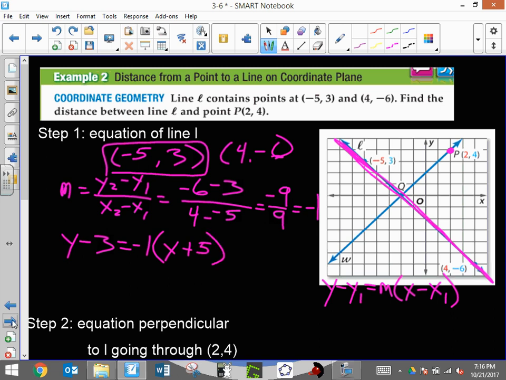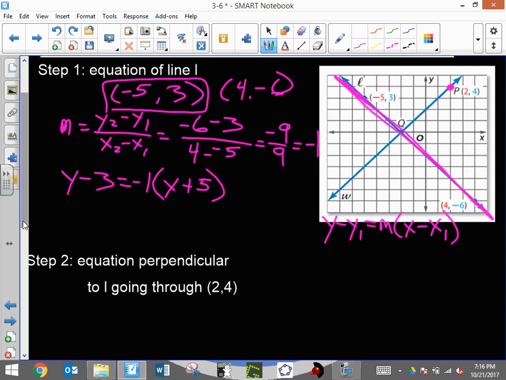So I'll go ahead and write plus 5. And then we're going to simplify it. So then we've got y minus 3 equals -x minus 5. And then finally we have to add 3 over. So when we add 3, we're going to get y equals -x minus 2. Okay, I'm going to put a nice star next to it because I'm going to need that equation.